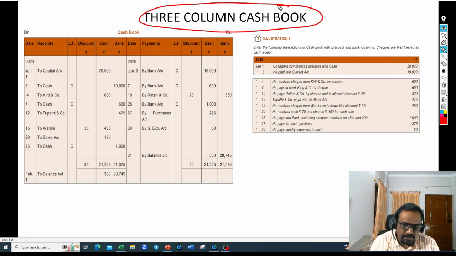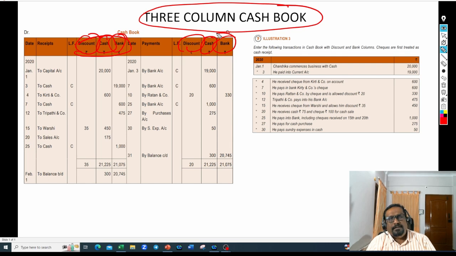What are those columns? One is the discount column, the other one is the cash column, the third one is the bank column. These are the three columns referred to in this heading. Similarly, you see discount in the credit side, cash is also there in the credit side, and bank is also there in the credit side.